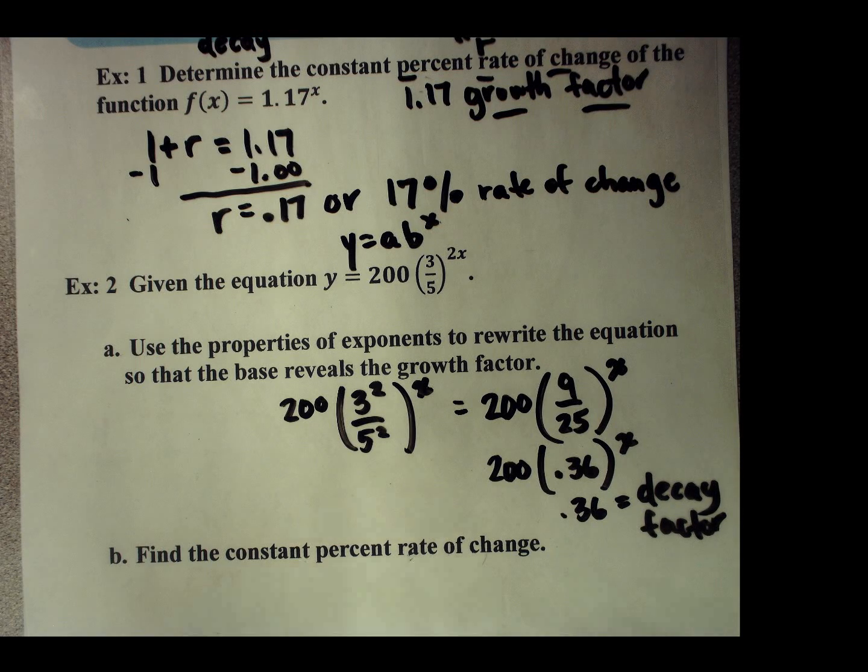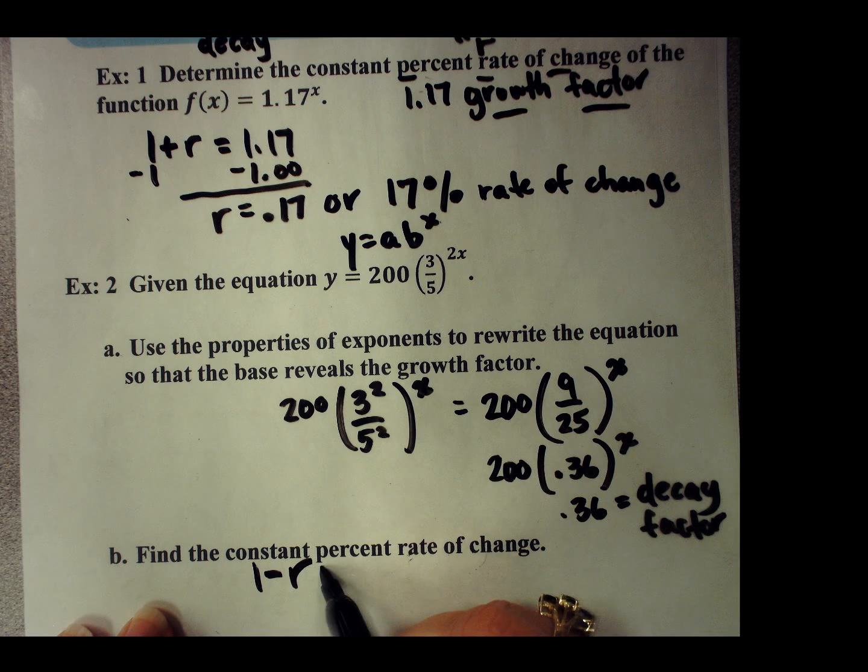Now we're trying to figure out what is the percent that it actually decayed. So we take the 1 minus r, because that's the decay part of the exponential function. We set it equal to 0.36 and we solve for r.